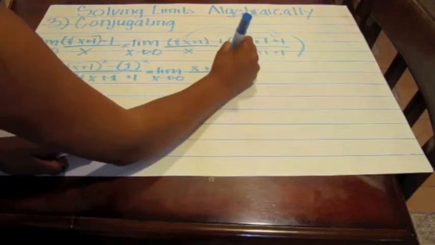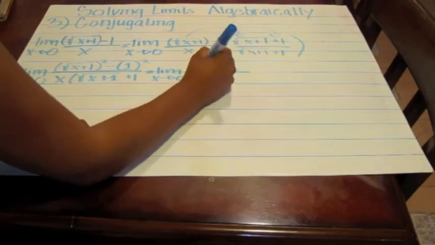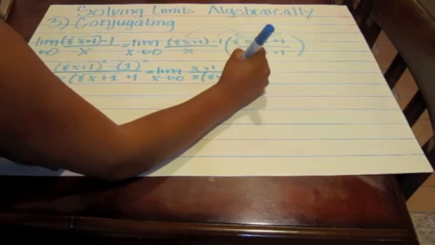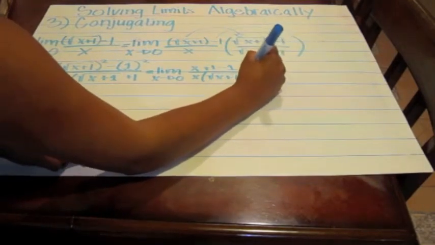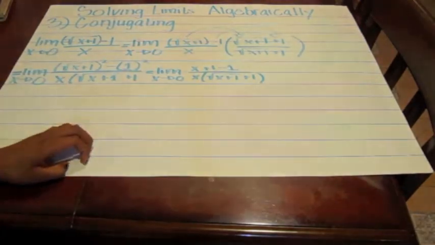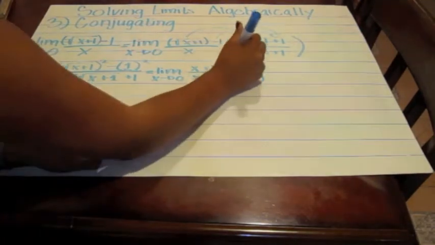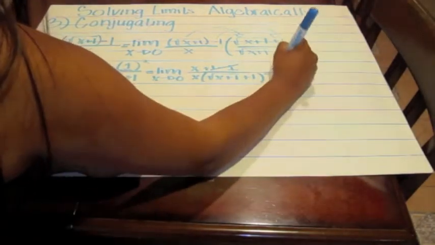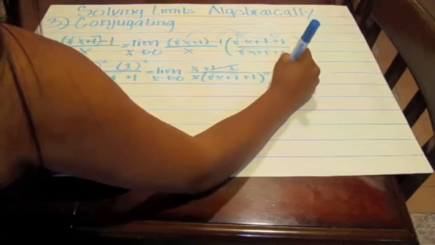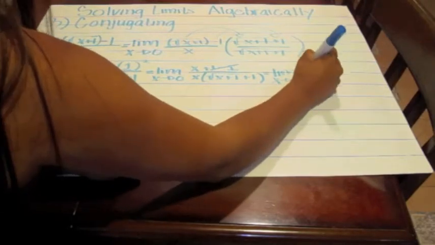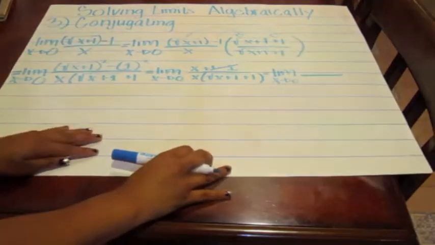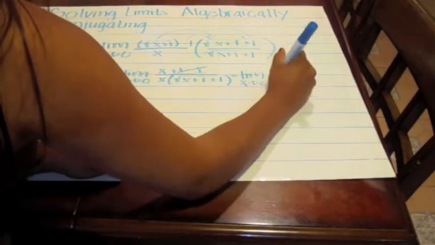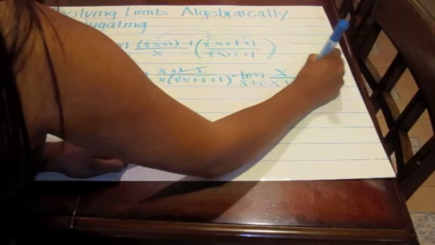When we have the square root of x plus 1 squared, they cancel each other out, leaving us with x plus 1 minus 1 squared, which is simply 1, over x times the radical of x plus 1 plus 1. Since we have a plus 1 and minus 1, we can cancel those out, leaving us with x over x times the square root of x plus 1 plus 1.